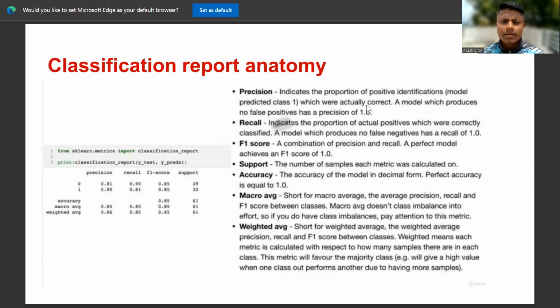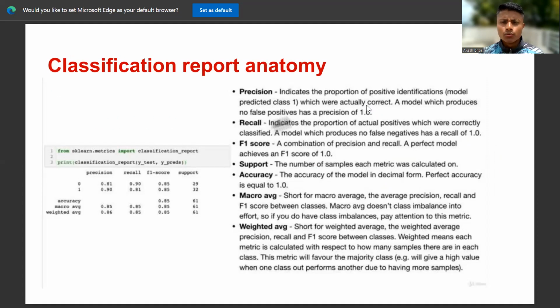First one, classification report anatomy. Precision indicates the proportion of positive identifications the model predicted which were actually correct. A model which produces no false positives has a precision of 1.0. Recall indicates the proportion of actual positives which were correctly classified.